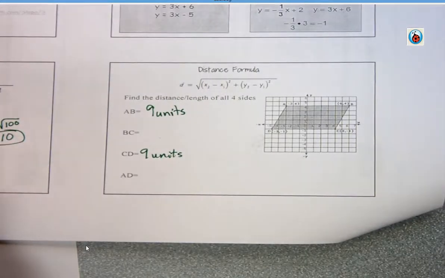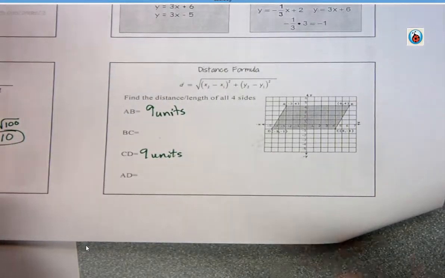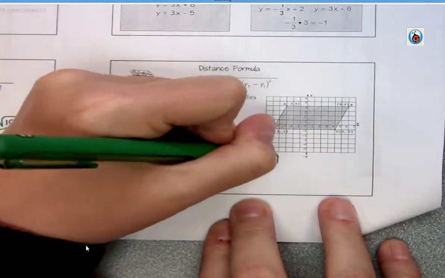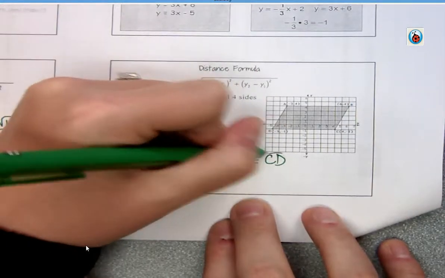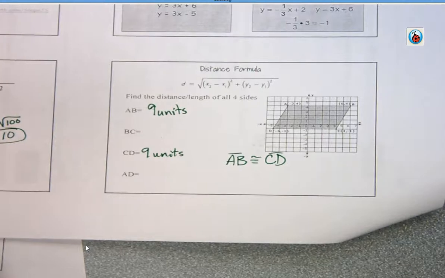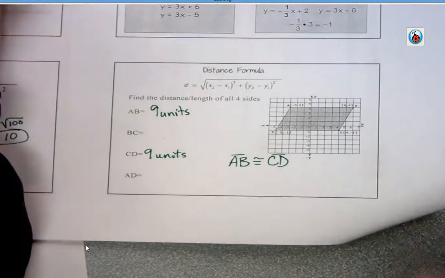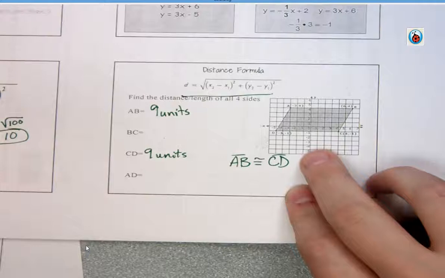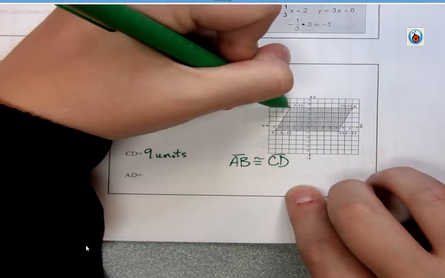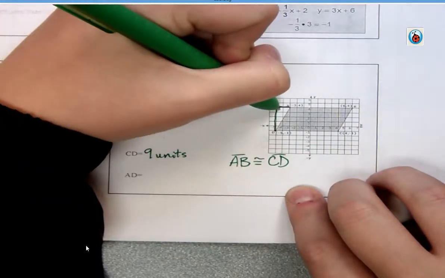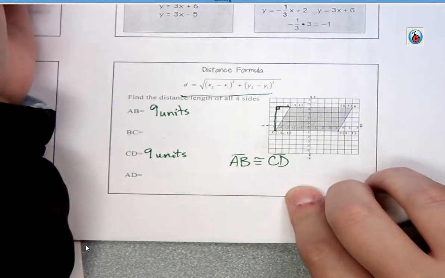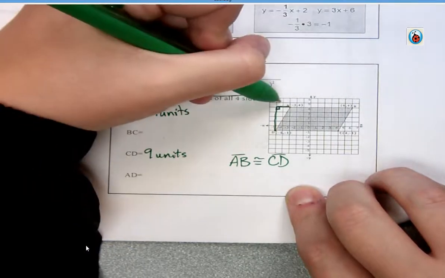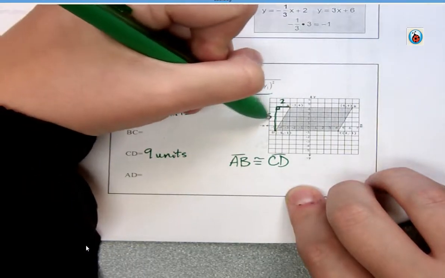Alright. So we know that AB is congruent to CD. Alright, now we've got BC and AD. You can either use distance formula, or, since we just did that on the one before, I'll show you how to use Pythagorean theorem, which we have done before this year. So if I'm looking for this AD, which is the hypotenuse, I draw a right triangle.